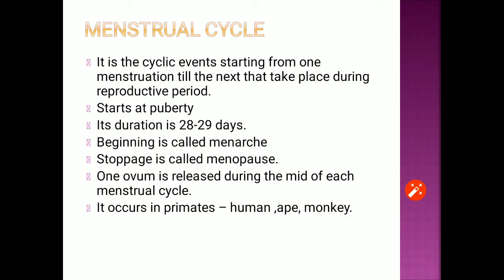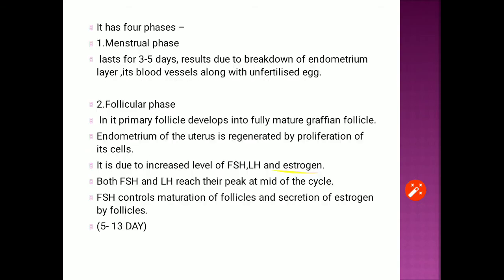It starts at puberty. Its duration is 28 to 29 days. Its beginning is called menarche and the stoppage is called menopause. One ovum is released during the mid of each menstrual cycle. It occurs in primates: human, ape, and monkey.